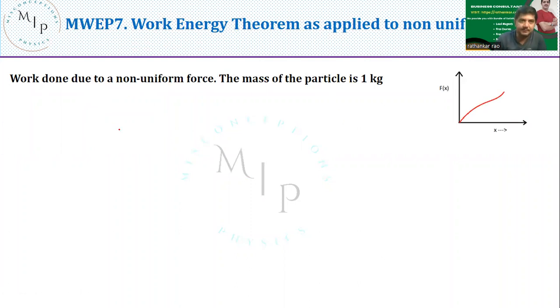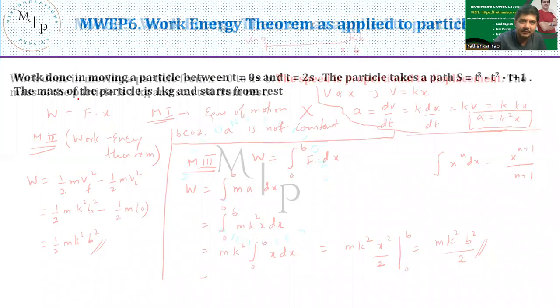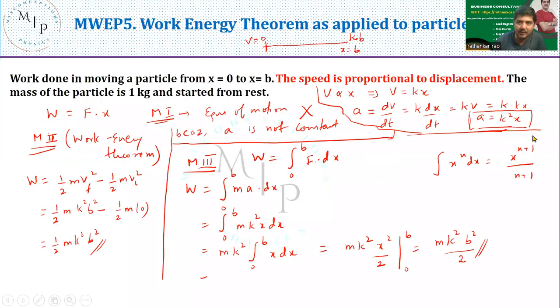In MWEP6, and in MWEP5 I think I did it also. Let us see, for 5, what did we do? I gave an expression like this: a equal to k square x, or F is equal to m k square x.